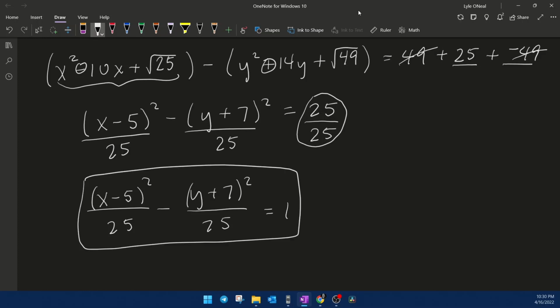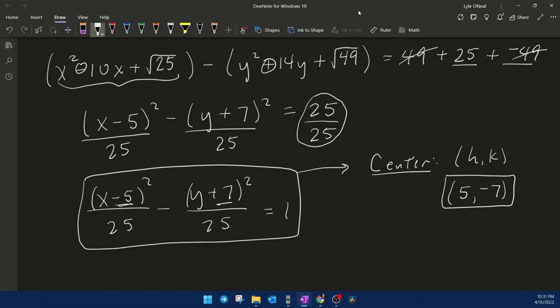Now from here, remember I said we're going to find the center first. And the center is the ordered pair h comma k, where h is the number attached to the x, k is the number attached to the y, and those are always opposite what you see. So that'll be a plus 5 and a minus 7 for our center.